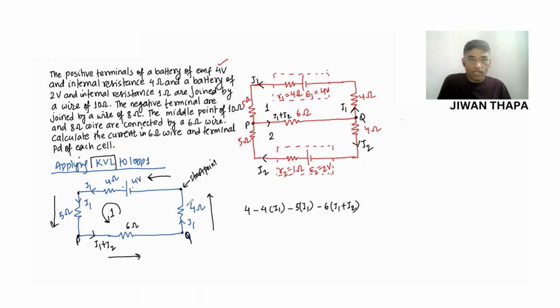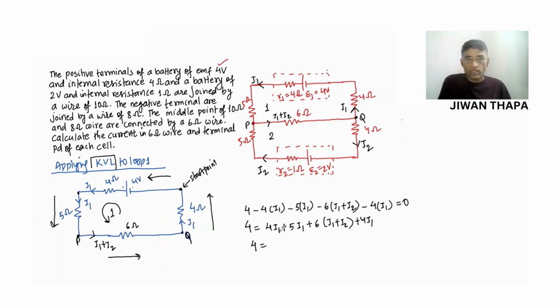And for this branch, we are moving along I1, and if we find the product 4 times I1, then this is taken as negative. And this whole sum equals 0. Therefore, we can write 4 equals 4I1 plus 5I1 plus 6 times I1 plus I2 plus 4I1.